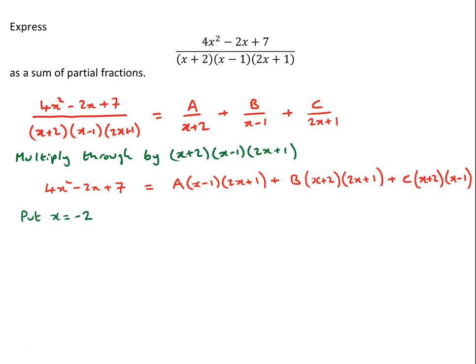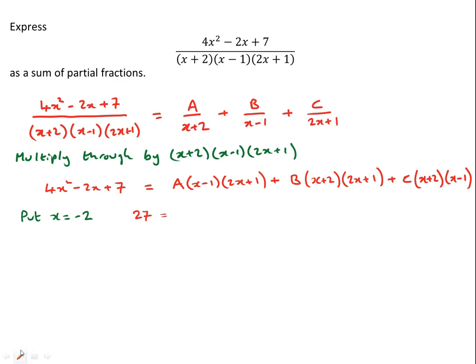So putting x equals minus 2, the left hand side becomes 4 times minus 2 squared, which is 16, minus 2 times minus 2, which is plus 4, plus 7, so that is 27.